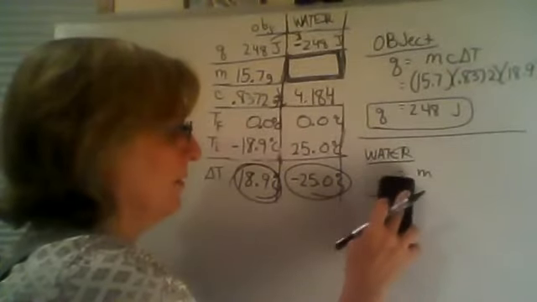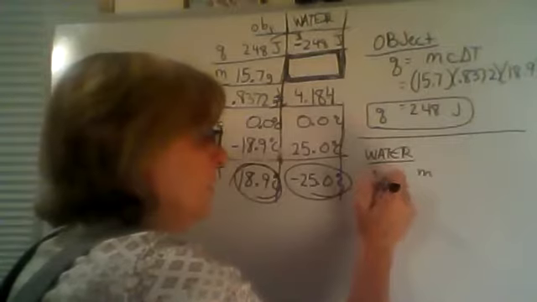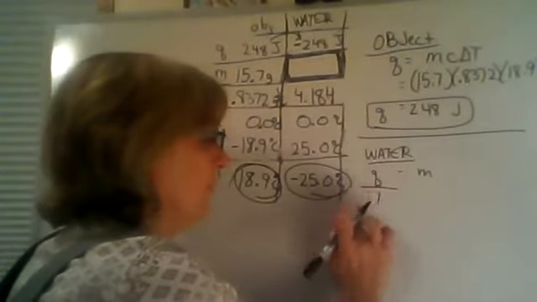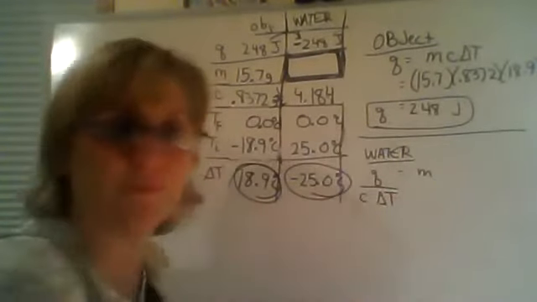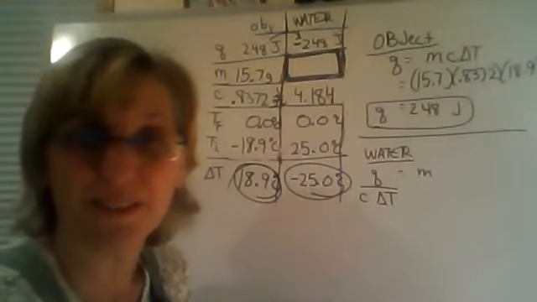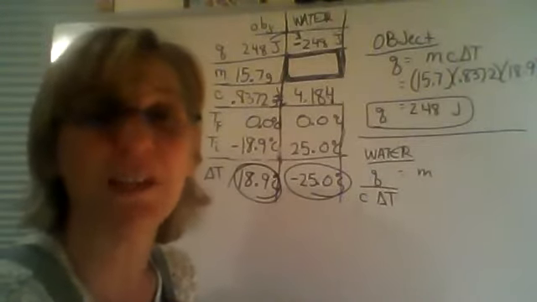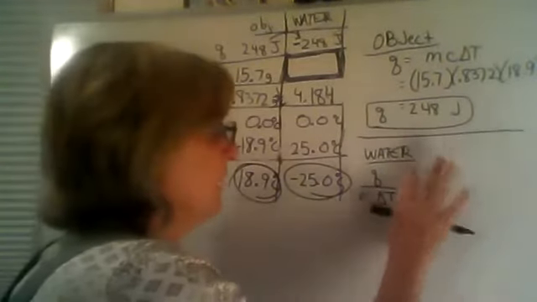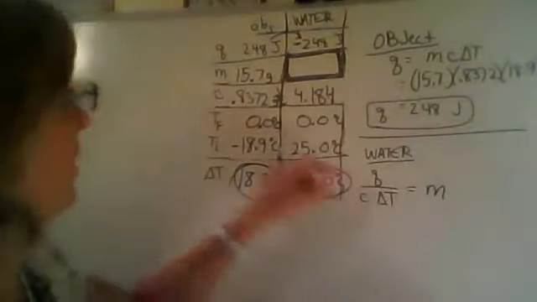Leaving me with M equals Q divided by C delta T. Okay, hope that makes sense. If not, type me a question. Ask me about this in an email, okay? Let me kind of put this more like this. But I just plug in.